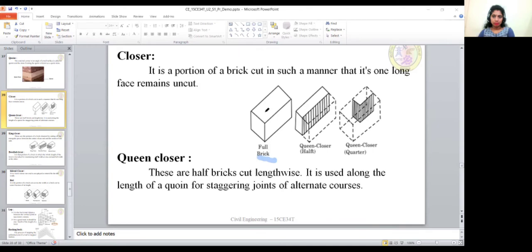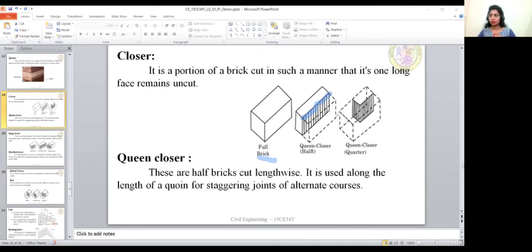The term closure means it is a portion of a brick cut in such a manner that one long face remains uncut. Queen closure. If you take a brick and you're going to cut lengthwise, then it is known as queen closure.